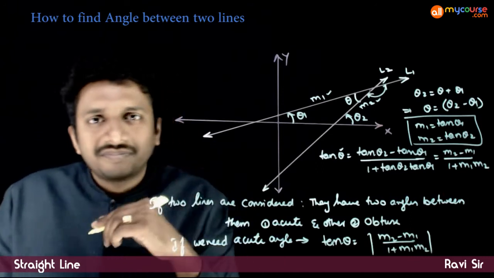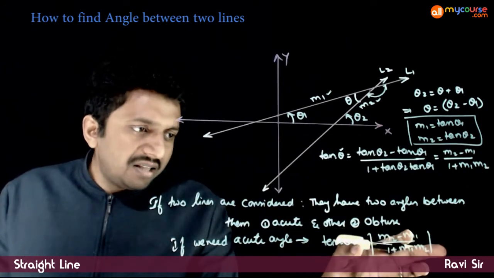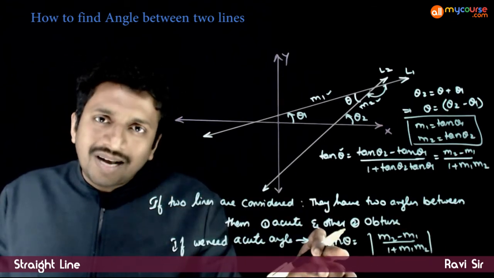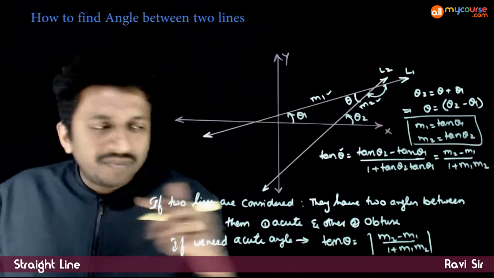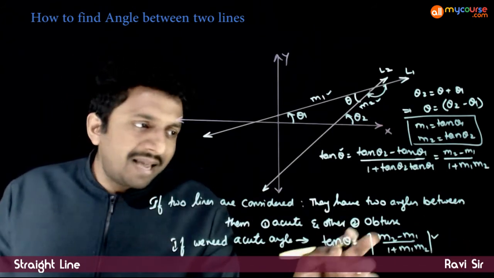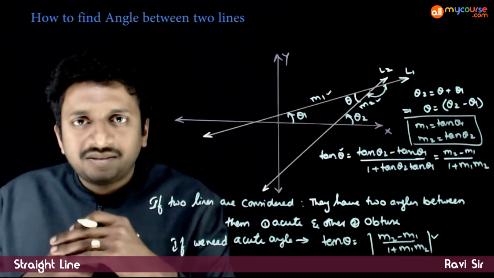Out of the positive and negative values, take the positive value and equate it to tan theta, so you get theta as an acute angle. If you want the obtuse angle between two straight lines, you just need to take minus of this is equal to tan theta. As simple as that.